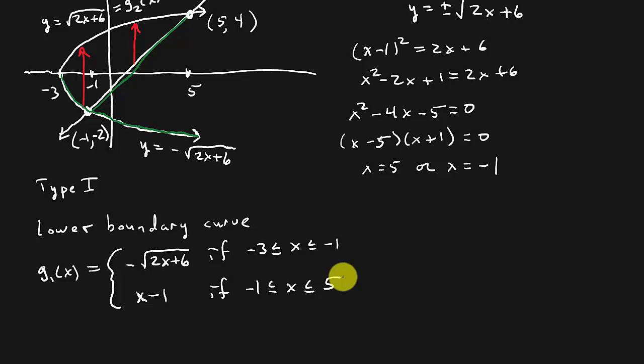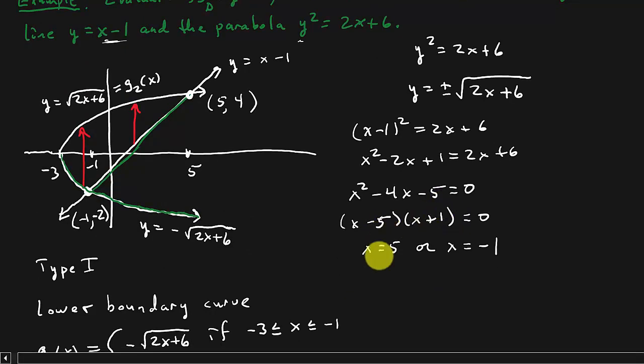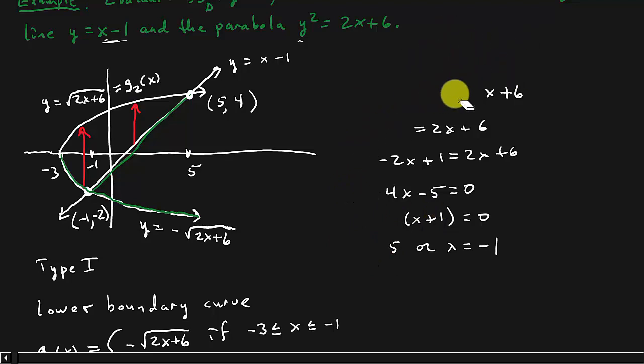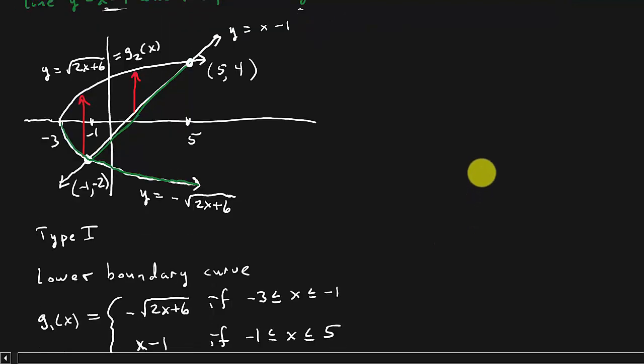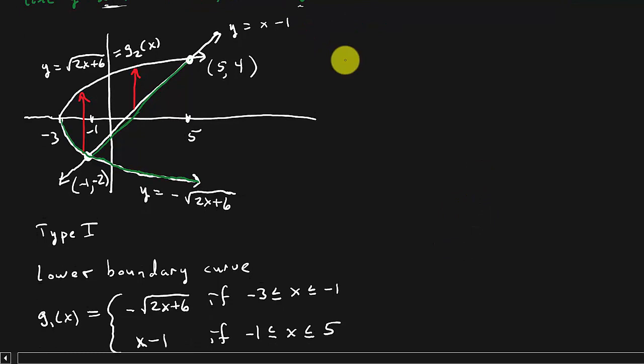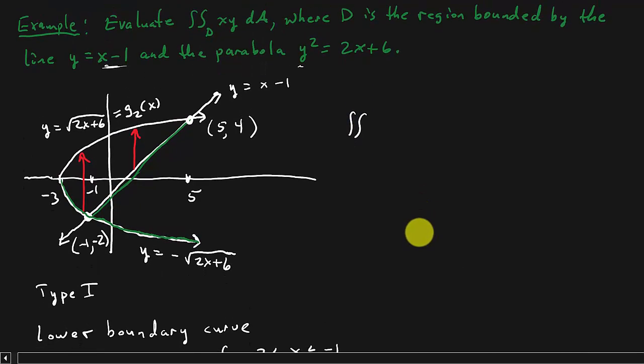So now, what would be our integral? And I'm going to erase this so we can write it up here, so we can see everything while I'm writing it down. All right. So we've got our double integral of xy dA.